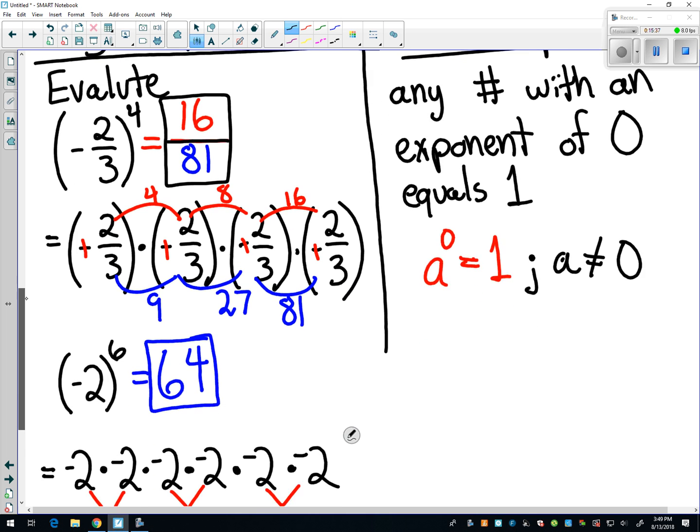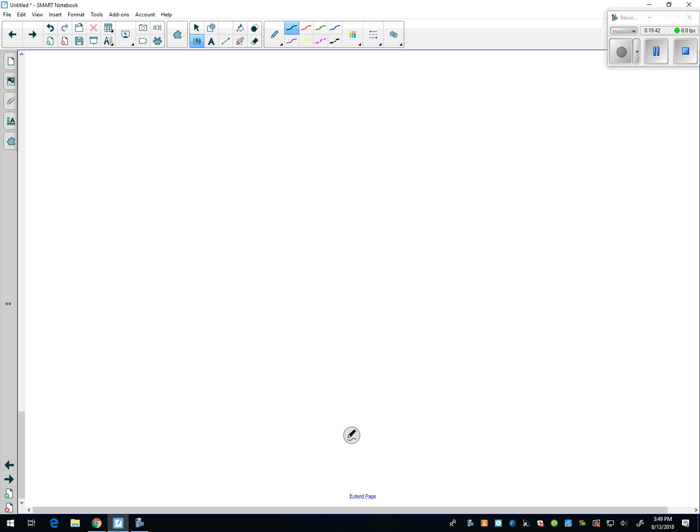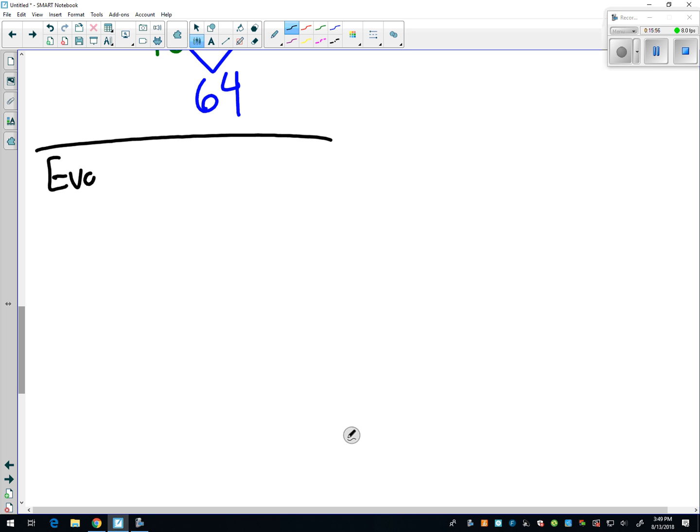Let's take a look at the last example, and then I'm going to post some for you guys to try as a side. So this is going to be directly under my last example. We are still evaluating, but you'll be given that, let's see, we could say A equals 3 and B equals 5.